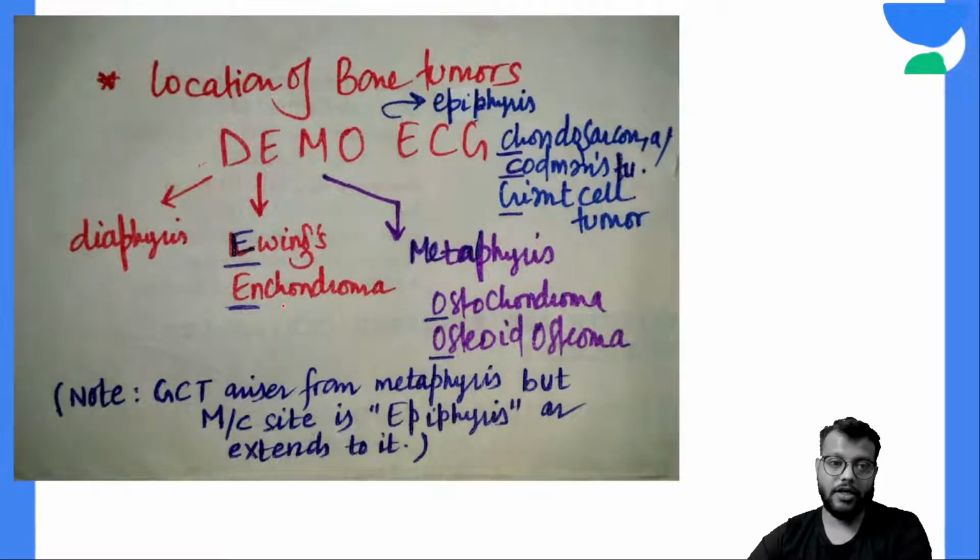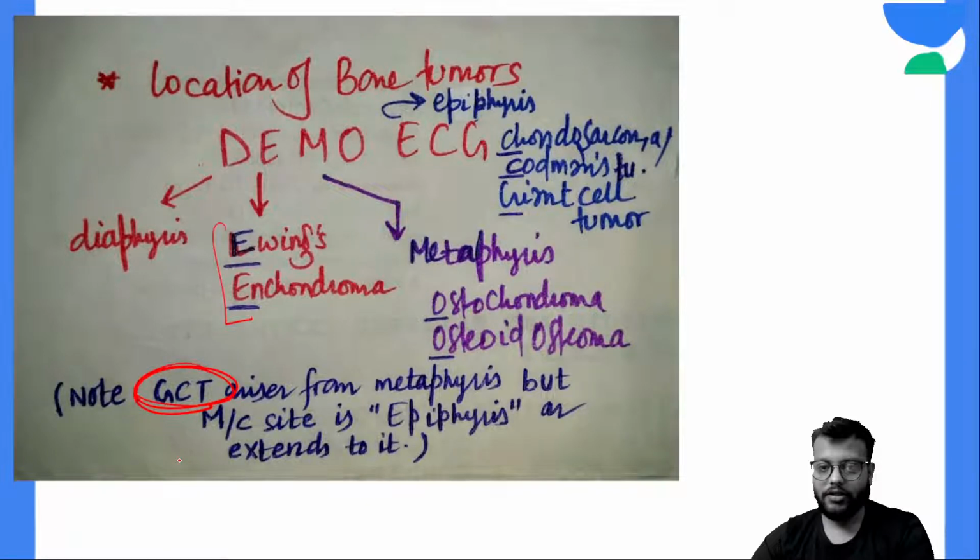Okay, so now the most important thing is about the GCT. In GCT there are two important things that you need to remember. The first is your most common site. The most common site where it presents is the epiphysis.